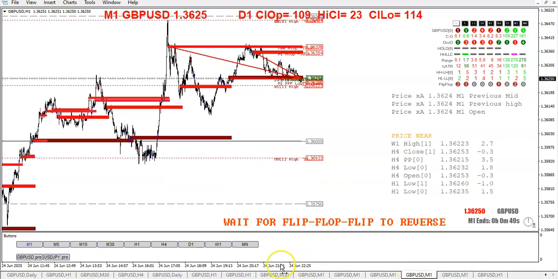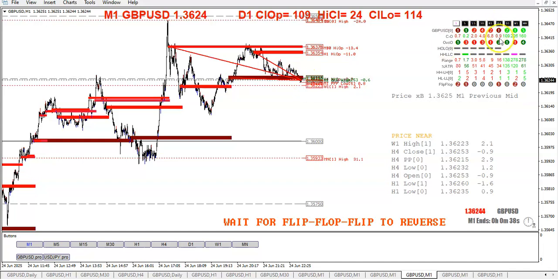Okay, so once again, we've got the H4 highest open here, right there at 25. You can see we're almost a pip below it. It's moving up.